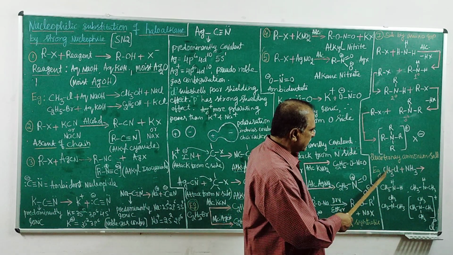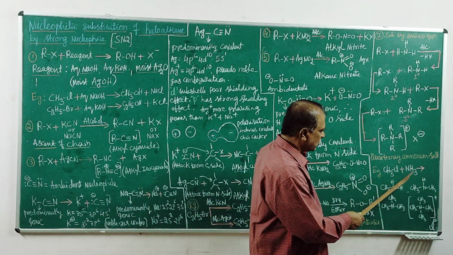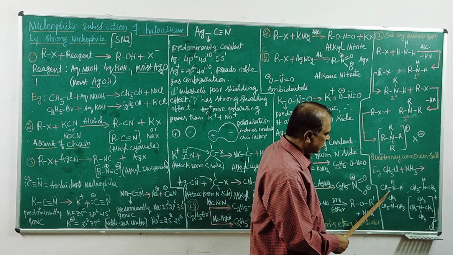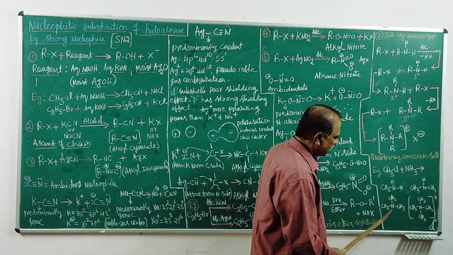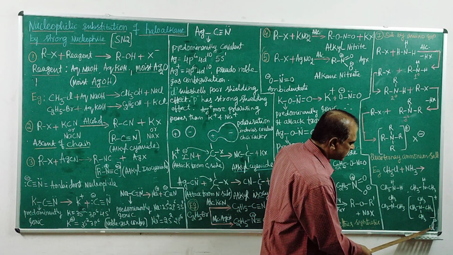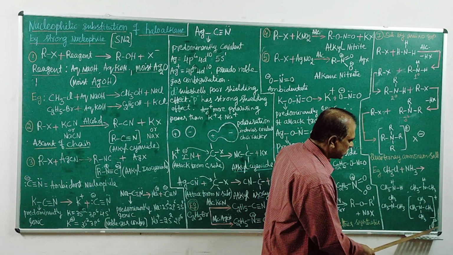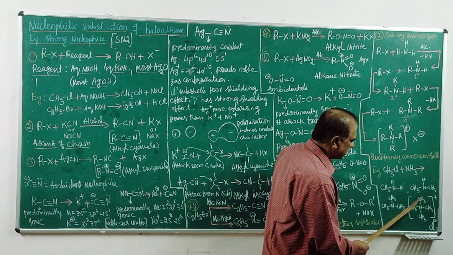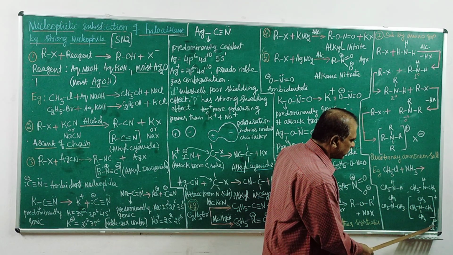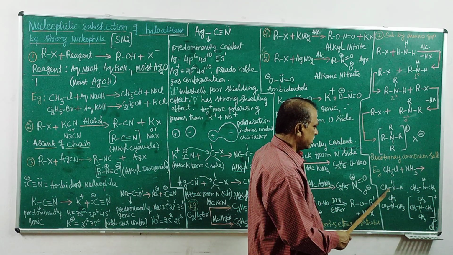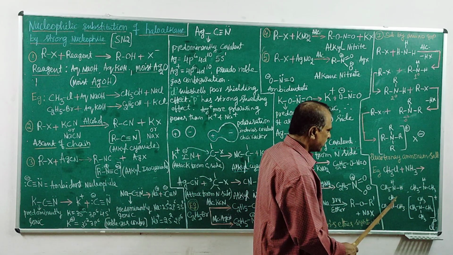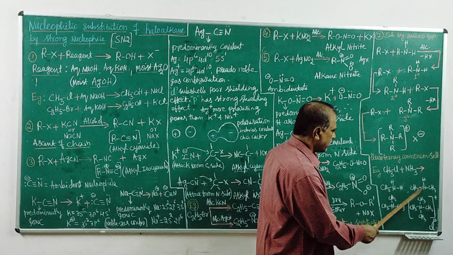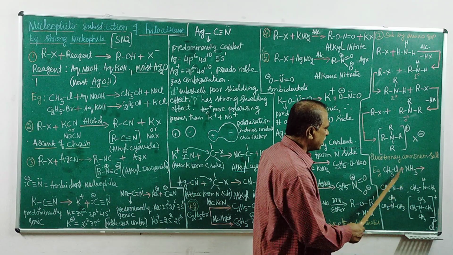An example: if you use CH3Cl and ammonia, we get the following mixture: primary amine, secondary amine, tertiary amine, and a quaternary salt, tetramethyl ammonium chloride. Here methylamine, dimethylamine, trimethylamine, primary, secondary, tertiary amine, from the reaction between ammonia and methyl chloride.